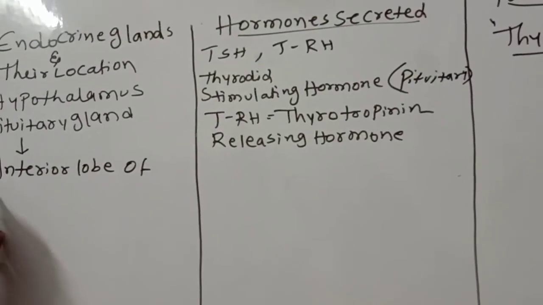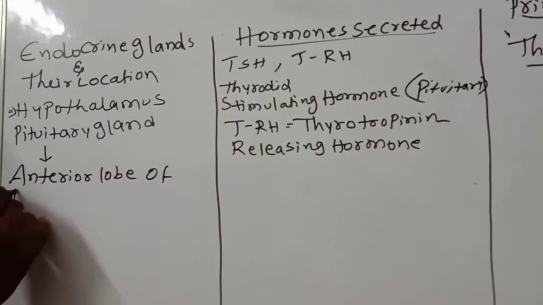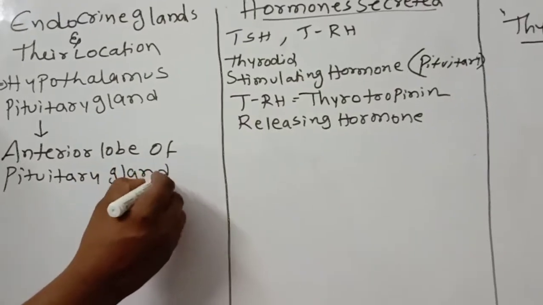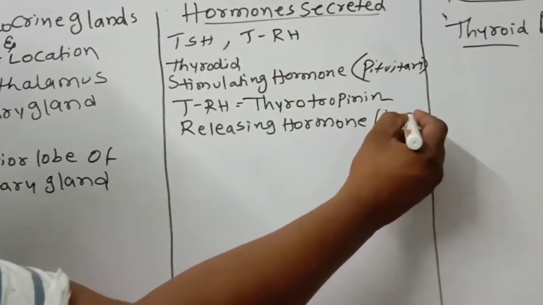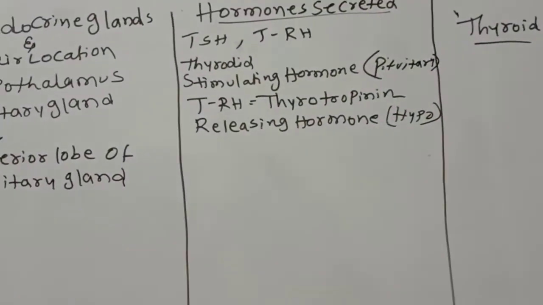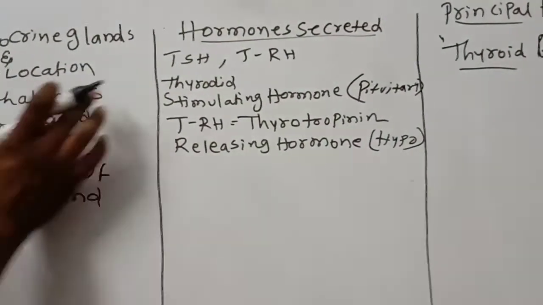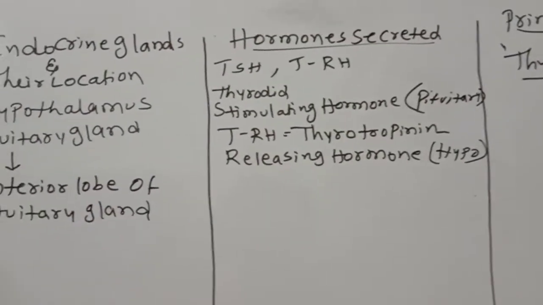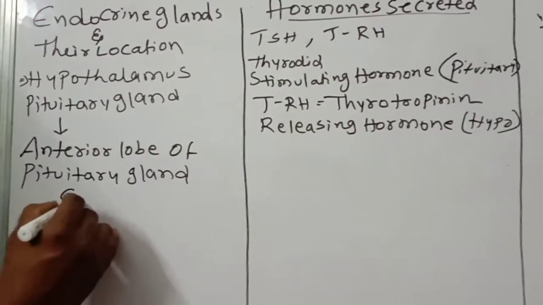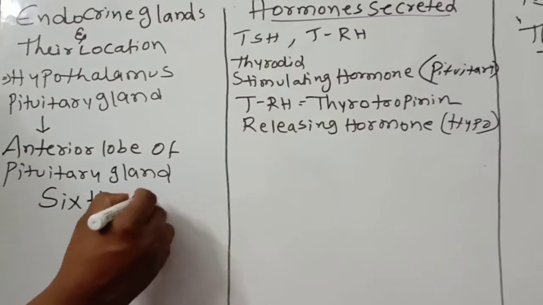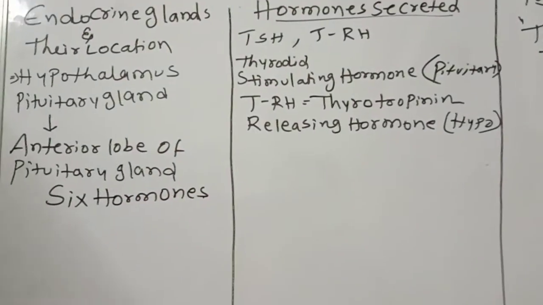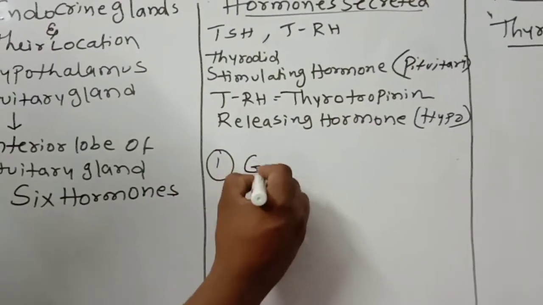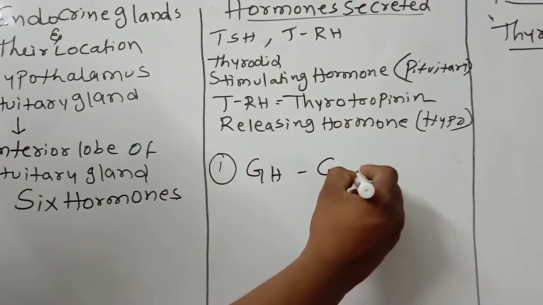The hypothalamus and pituitary hormones we will discuss separately. Just remember this. The anterior lobe of the pituitary gland produces 6 hormones. How many hormones? 6 hormones. Remember this. Number 1, the first one is GH. What is GH? The growth hormone.